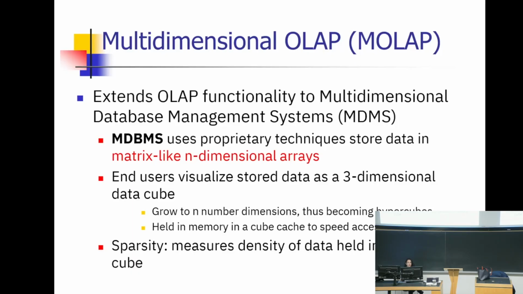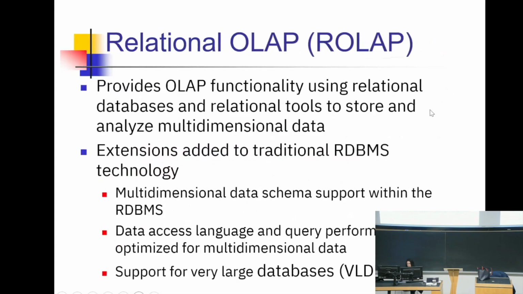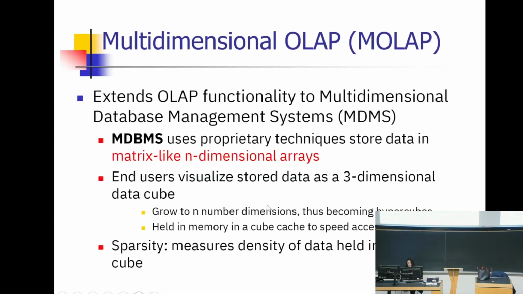So the data are pre-aggregated, which makes the analysis faster. And because we can also use slicing and dicing, it can also make queries much more efficient. So compared to ROLAP, which I cover next, here the queries are faster, right? Just jumping to the next slide.